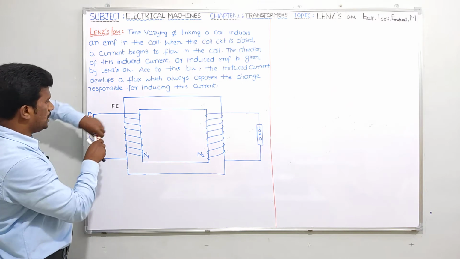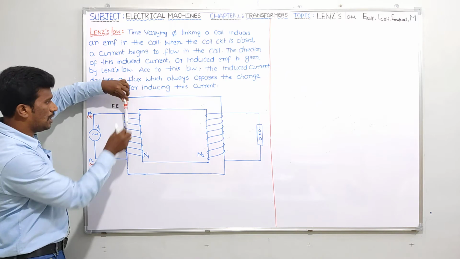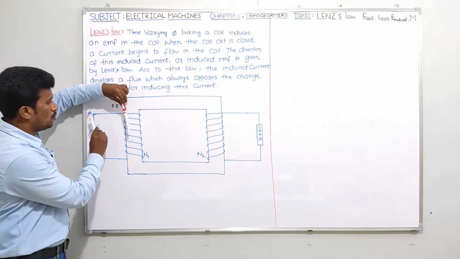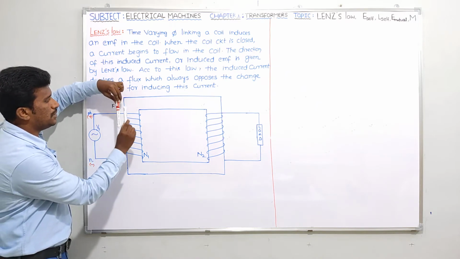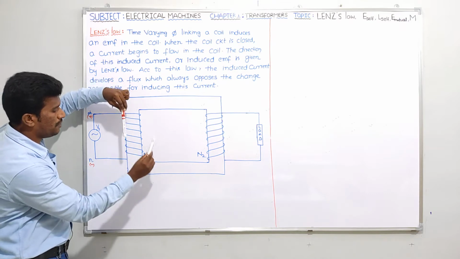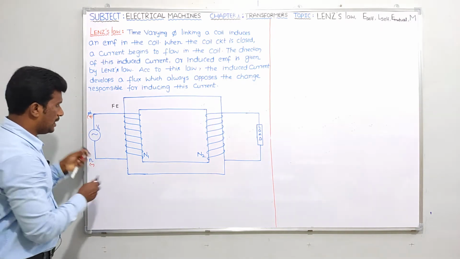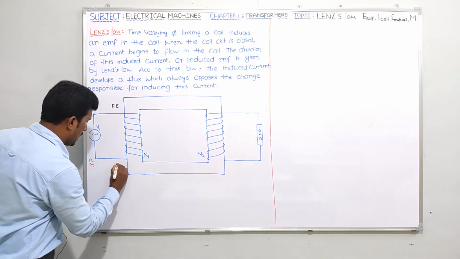If I take this one as a transformer limb, the winding is going from the front side of the limb, like this. It is coming from the back side of the limb. Therefore, it's a front end, and I can take this one as a back end.